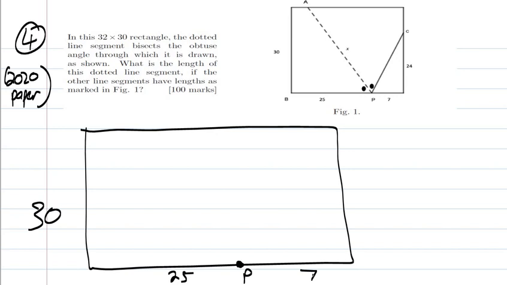It's a rectangle, so who can tell me what the angles at the corners are? Yep, they're all 90 degrees. If we connect it over there, that's C, that's 24. And we know that those two angles are the same.